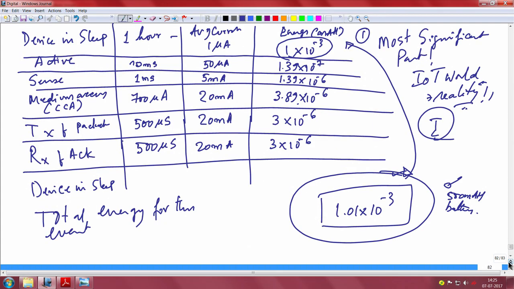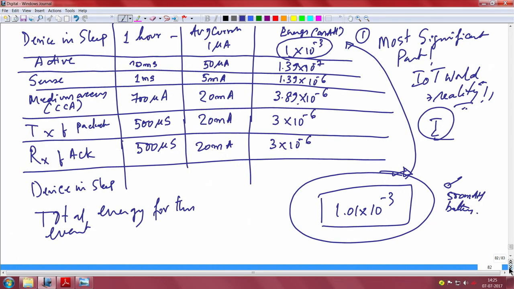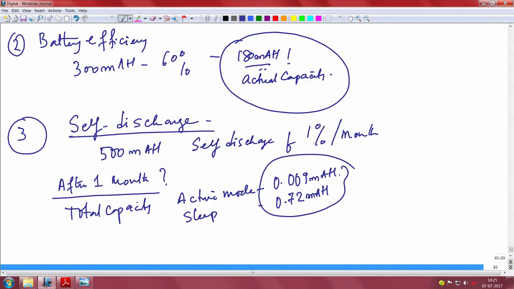I have used these numbers, I have used this table, and I got this table from this nice little graph, the nice little diagram that I drew. So, I am connecting this to this, and to this I said I am using a 500 milliampere hour battery, and we made assumptions of the leakage of this battery as well, and I used this assumption of 1% as the self discharge.